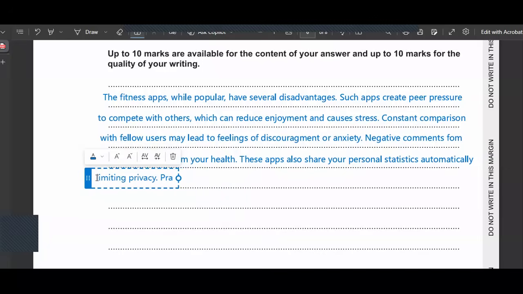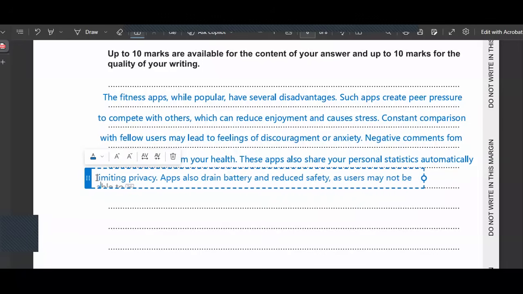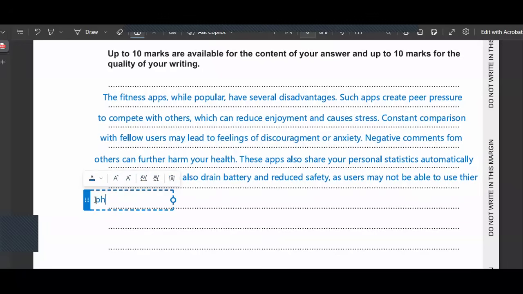So I can say that apps also drain battery and reduce safety, as users may not be able to use their phones for emergencies.